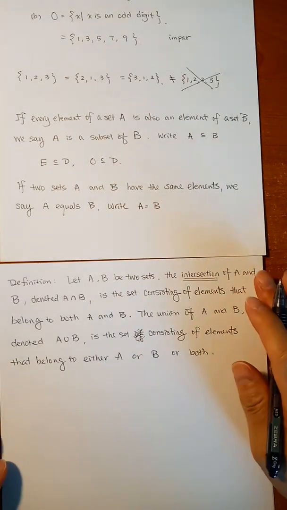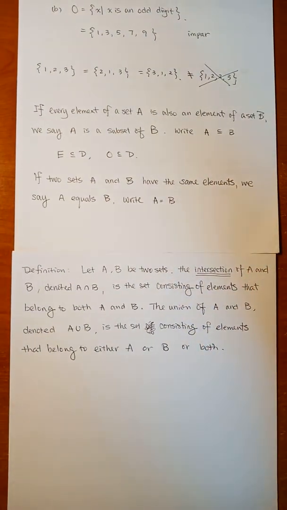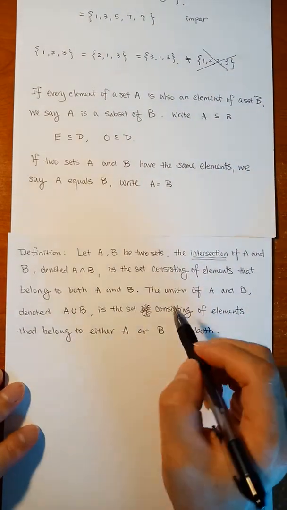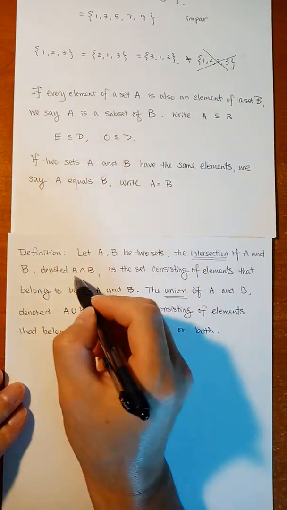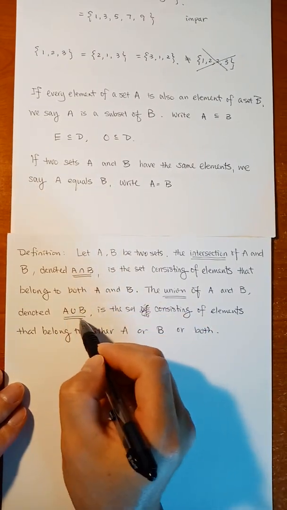It belongs to one, it's enough. It belongs to both, well, it's okay. We do not exclude that case. Okay, so this is the union. This is the notation of intersection. This is the notation of a union.